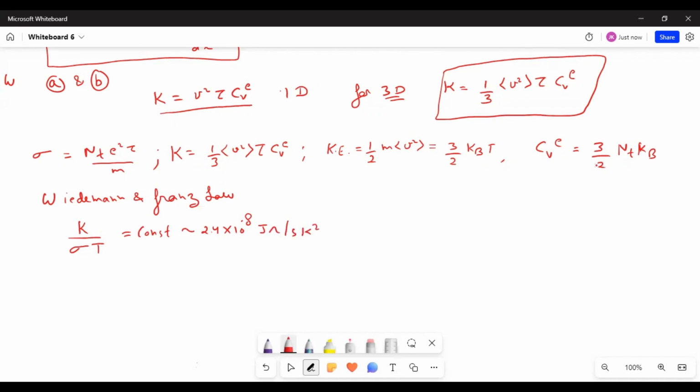They observed it. Since we also have all the values of K, sigma and T, let's put it in and see how true it is or not.